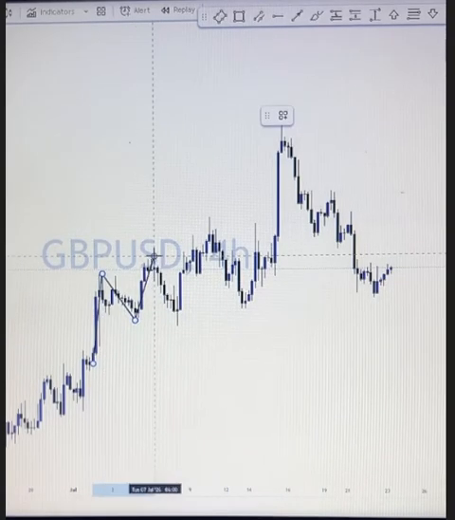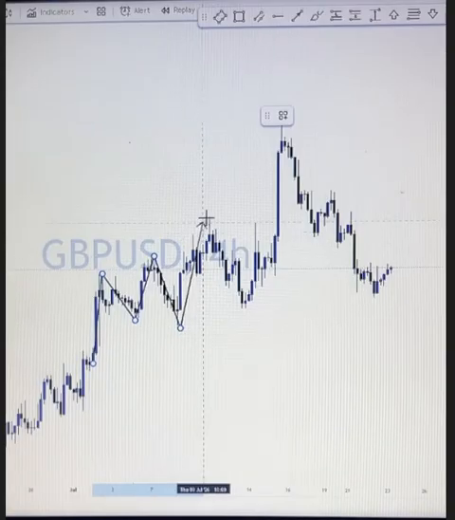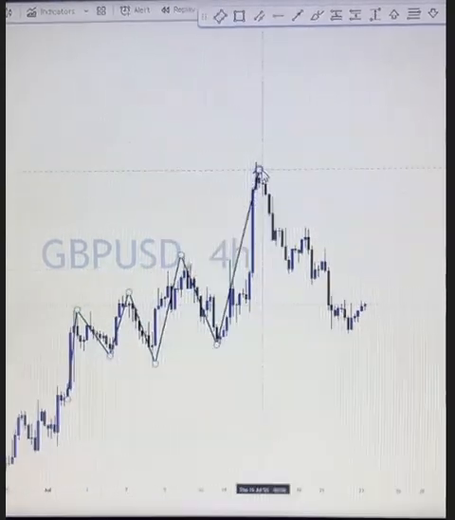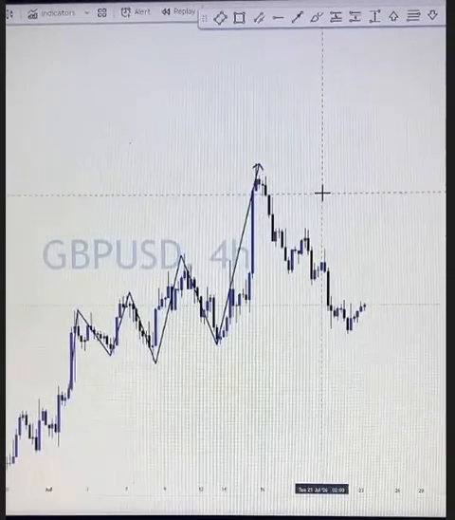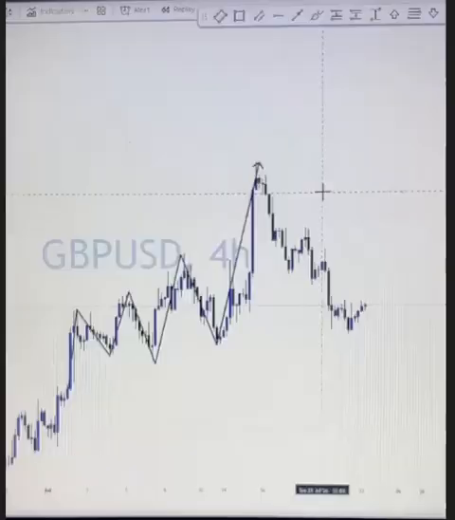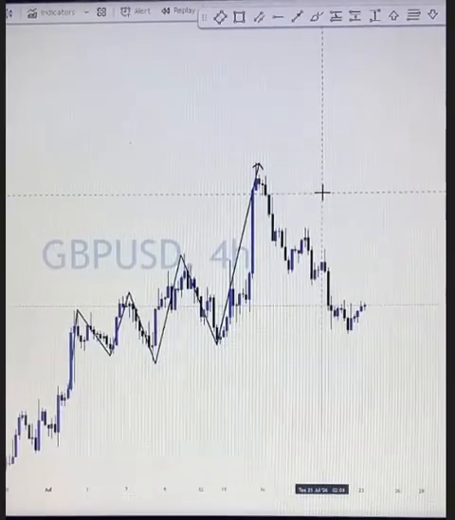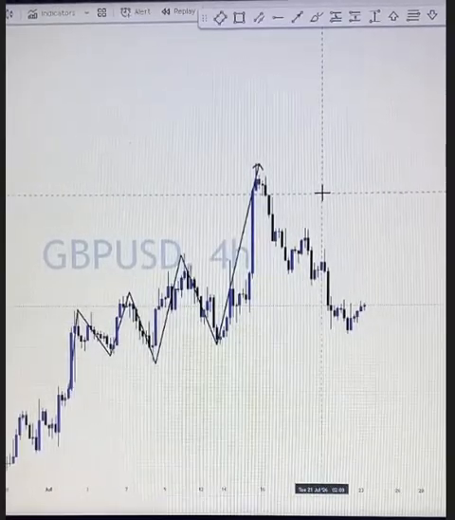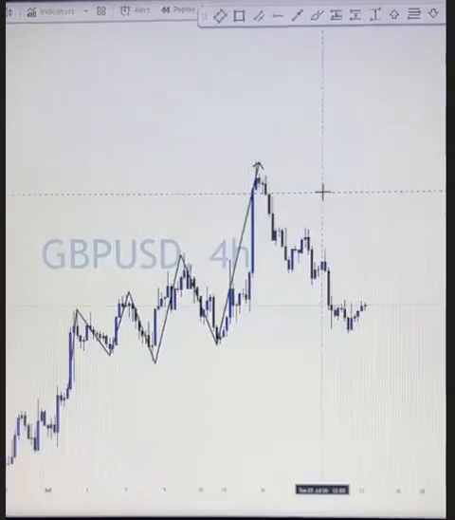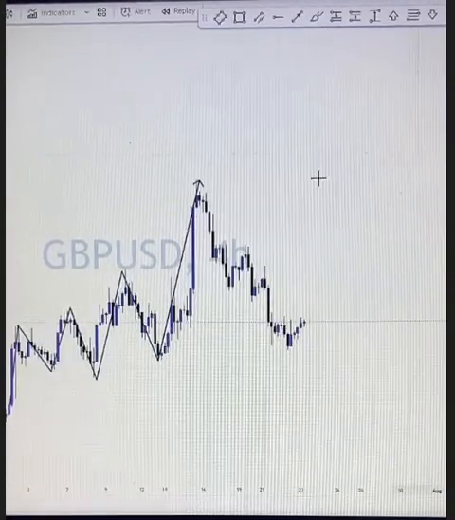This is pullback, breakout, pullback, and what? A breakout. So with what we have here, what is our direction? Anybody? What is our direction right here? We are bullish. So what do we do next?